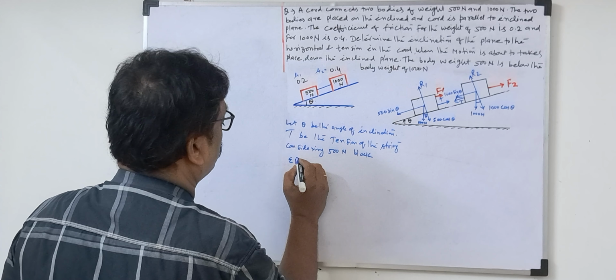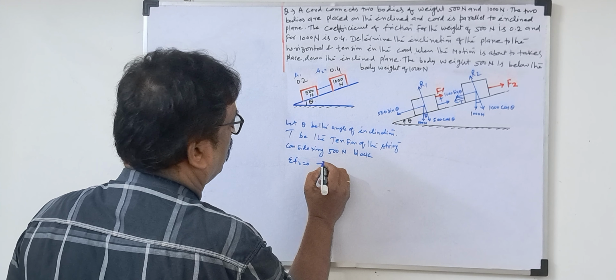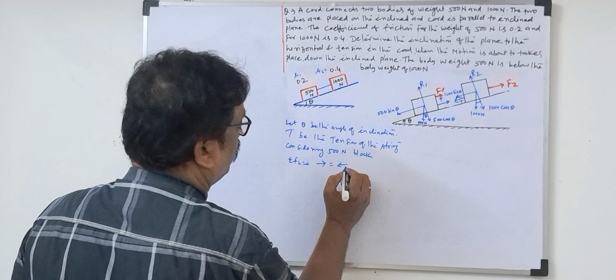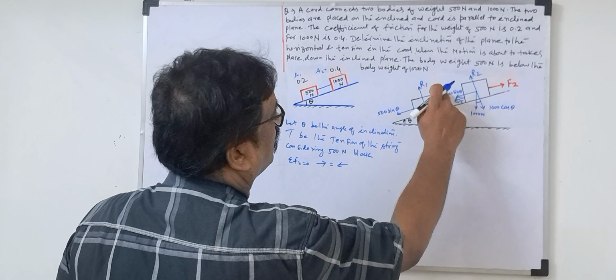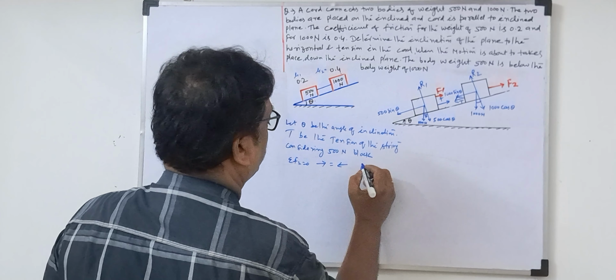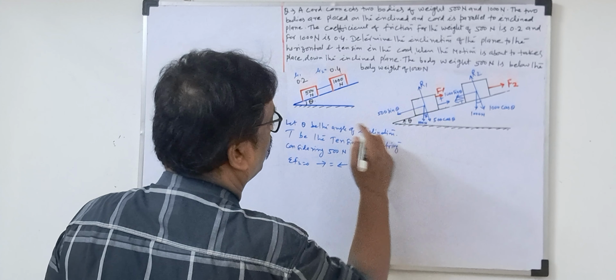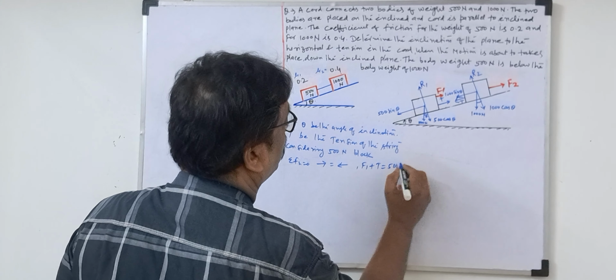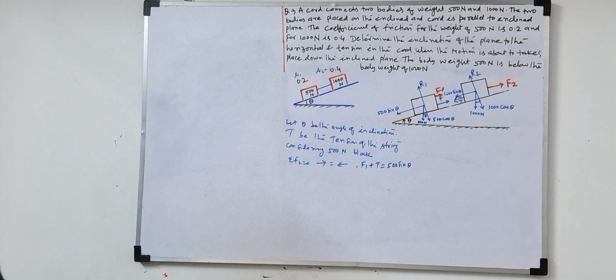What is there here? One equilibrium equation: sigma H equal to 0, as already told. Total leftward force is equal to rightward force. If you write, you see here two forces, F1 and T, going in this direction. So what can you write? F1 plus T equals the downward 500 sin theta.